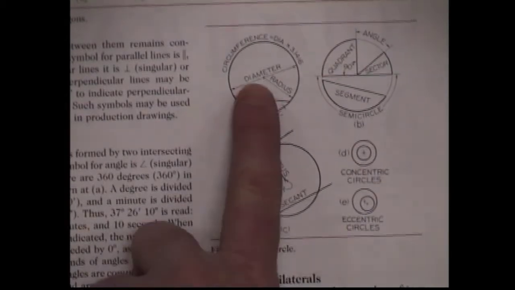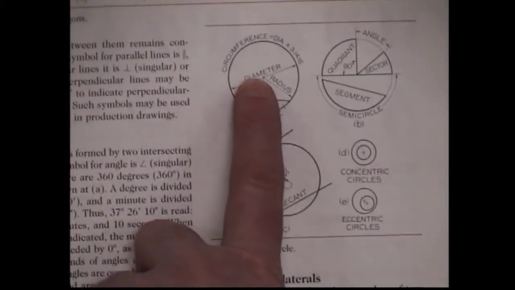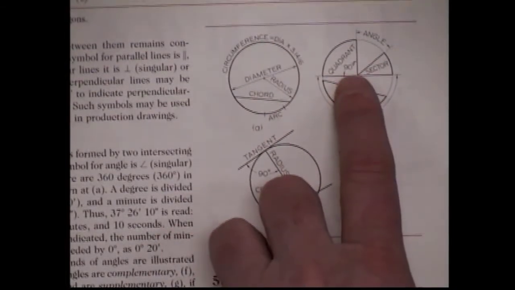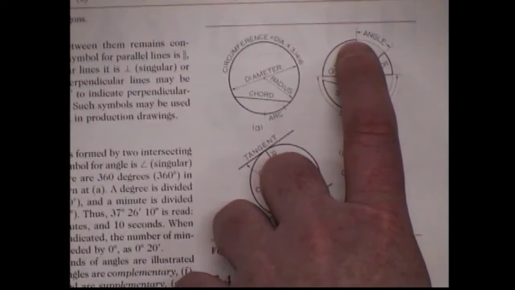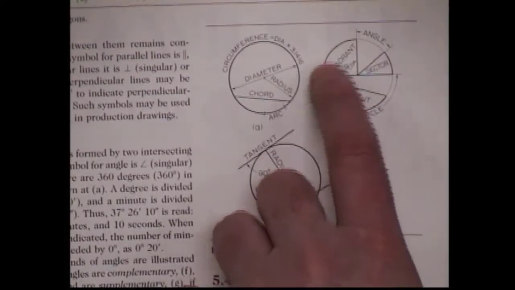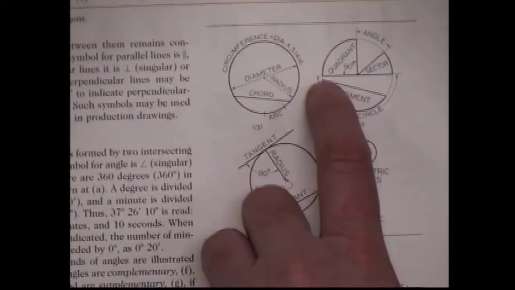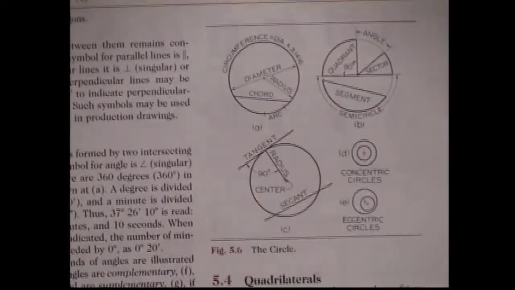And then we know the radius is the distance from the center anywhere on the outside. Let's look at quadrant a little more. When you're in AutoCAD, it will allow you to snap to quadrant. So a quadrant is any of those 4 points at the 90-degree marks along that circle.